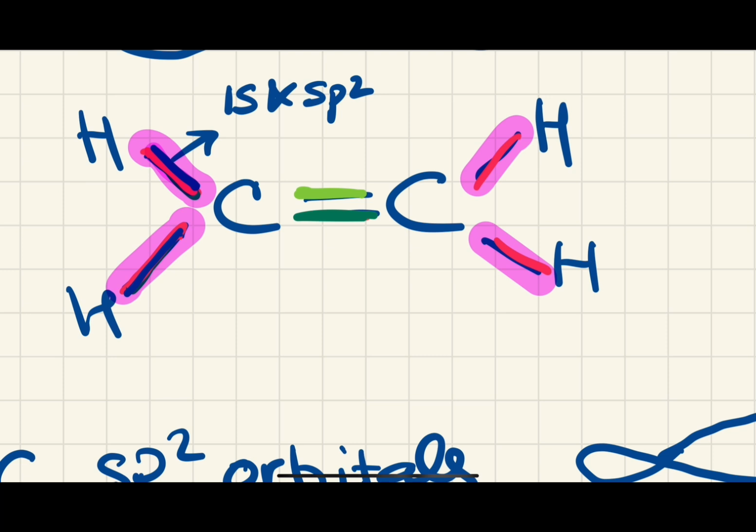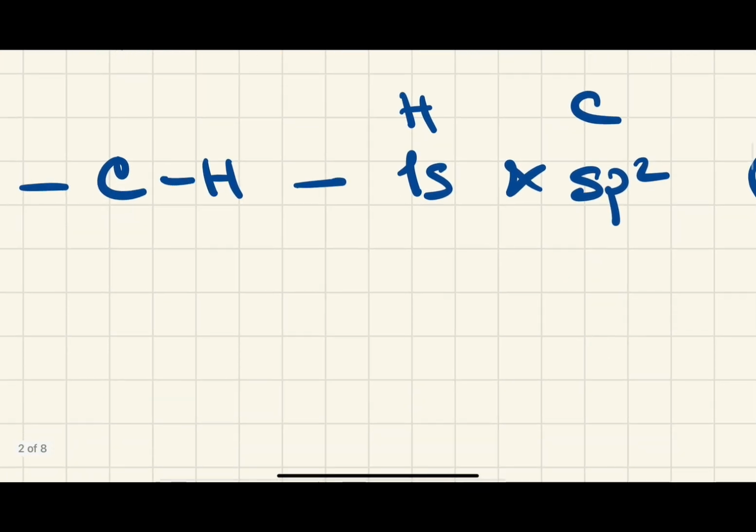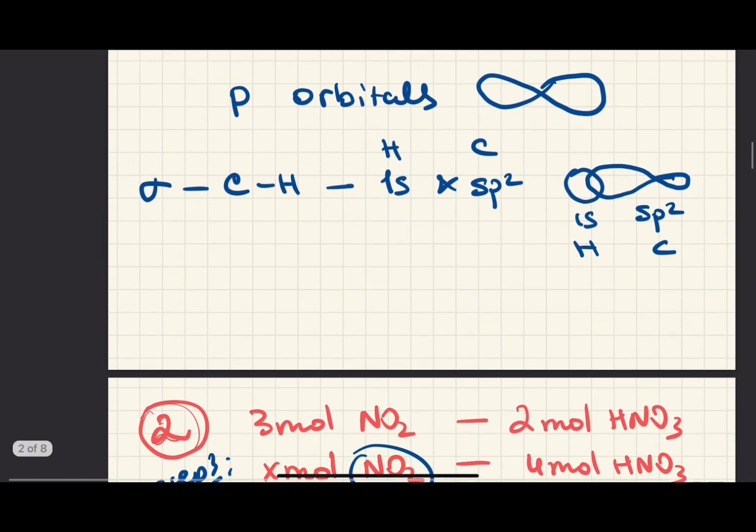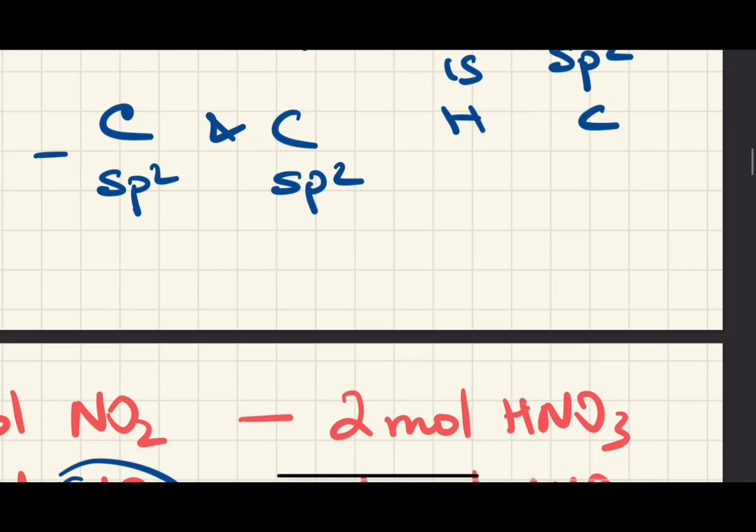Now we have a center sigma in here, and there is also one pi, right? Now for the sigma between the carbon and carbon, it would be made between sp2 of one carbon and sp2 of another carbon. And the way it will look is gonna be like this.